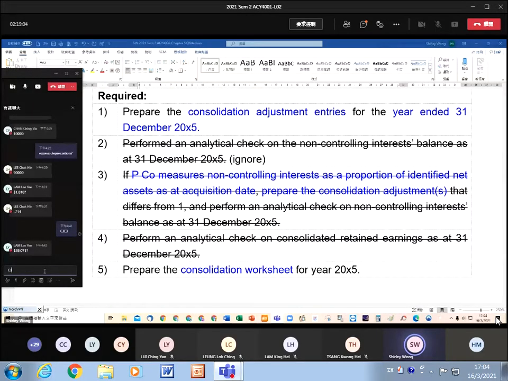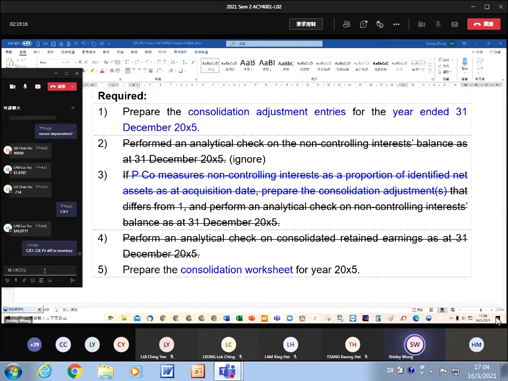CJE1 is for the normal entry, as we talked about with the goodwill, and CJE2 is for the fair value difference in inventory. So 5 minutes from now.